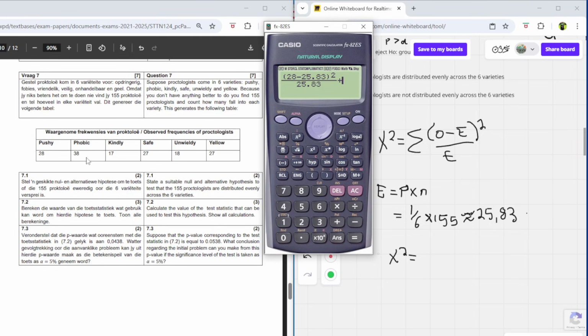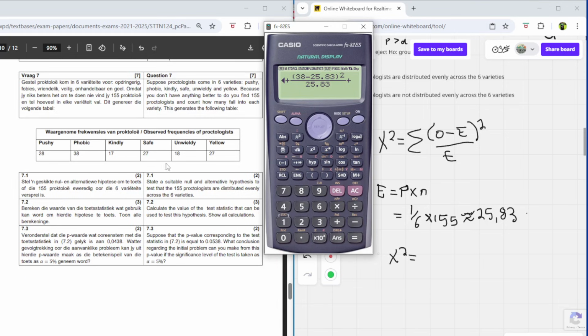Then you're going to say plus. The following one is 38. 38 minus 25.83, squared, over 25.83.